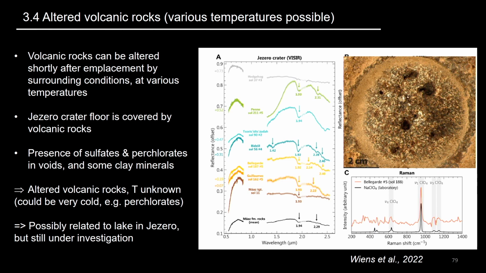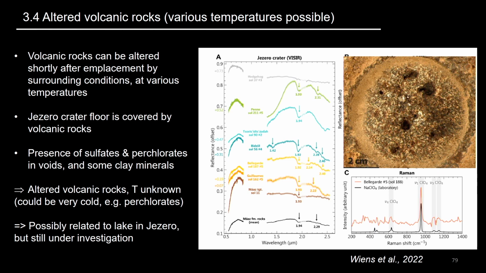Nevertheless, at Jezero crater, the floor of the crater is composed of volcanic rocks, and these volcanic rocks are altered. If you remember the spectra I showed at the beginning, we have alteration with absorption bands corresponding to water, and we have phyllosilicates here, and we have also sulfates in some cases.